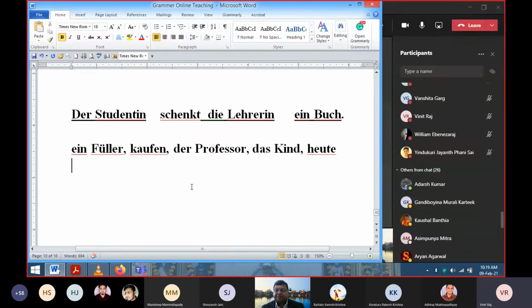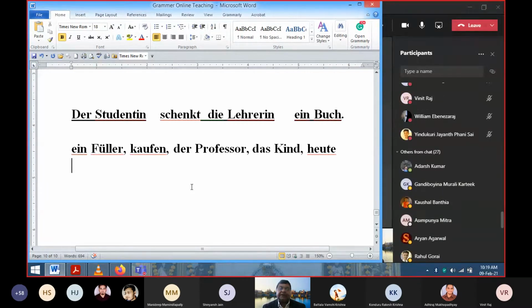Everybody should try. Füller, kaufen, der Professor, das Kind, heute. These are the words I have written, and you have to make a sentence by making necessary changes with the article form and the verb form. Think which noun you are going to make subject, which direct object, which indirect object.